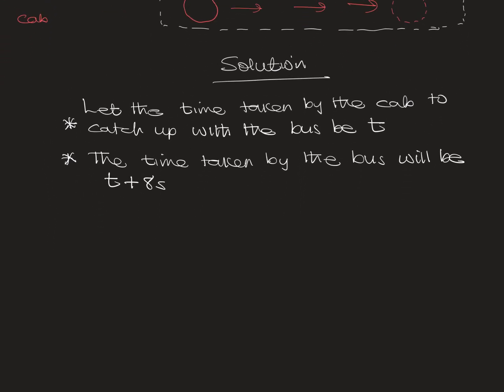So let's say distance traveled by the bus. The bus, we have to understand that it is moving at a constant speed.